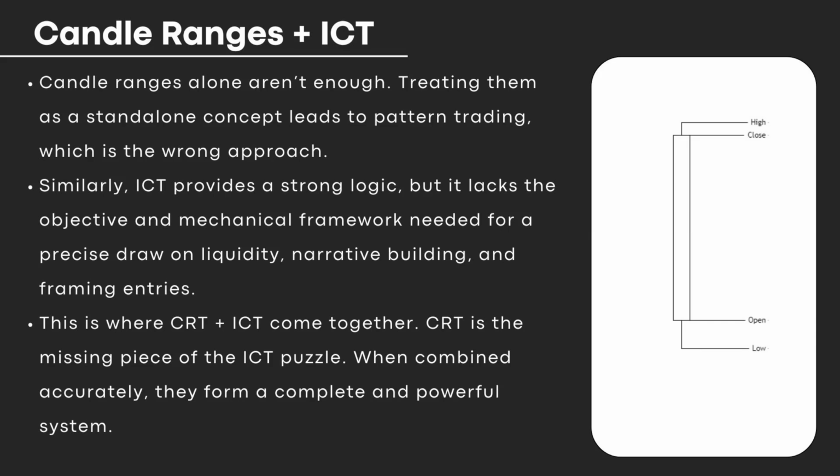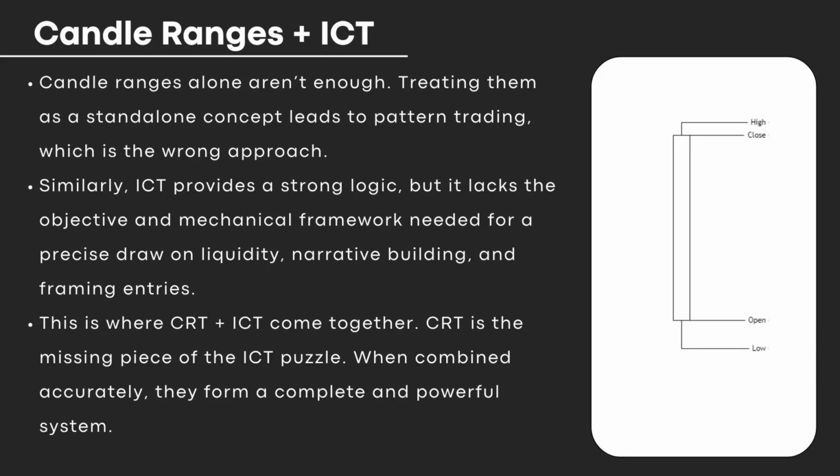That is something I know and admit, because the correct way to approach CRT is with ICT concepts, and when they are integrated properly, only then will you see how good they work. Treating CRT as a standalone concept would only lead to pattern trading, and you all know that pattern trading is a poison, right? It slowly fades away your life in torture, so avoid that at all cost.